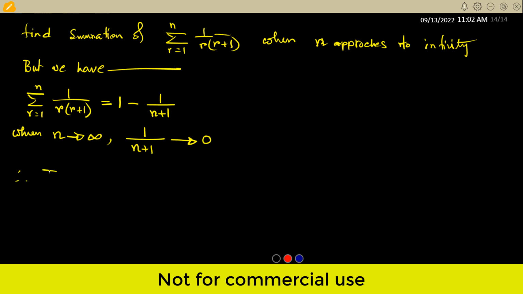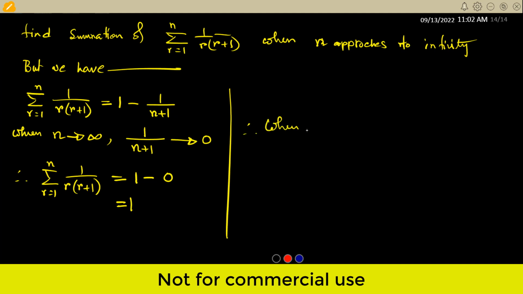Therefore, in this case, the summation of r equals 1 to n of 1 by r into (r plus 1) will be 1 minus 1 by infinity, which is 0. That equals 1. So the final answer is: when n approaches infinity, the summation of r equals 1 to n of 1 by r into (r plus 1) equals 1, and hence it is the final answer.